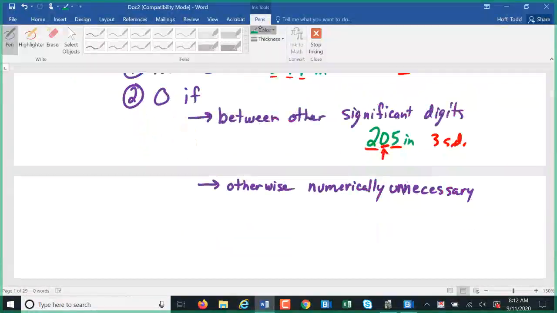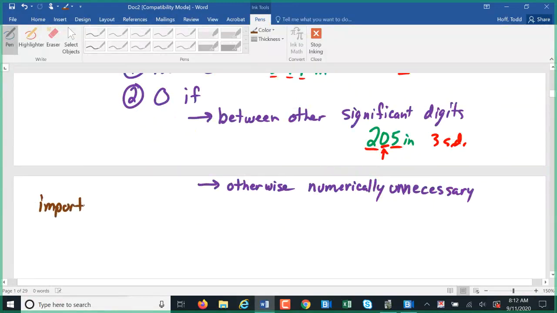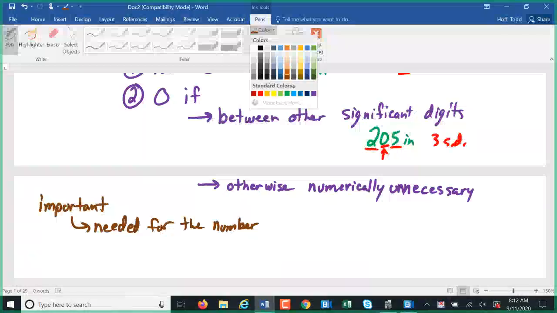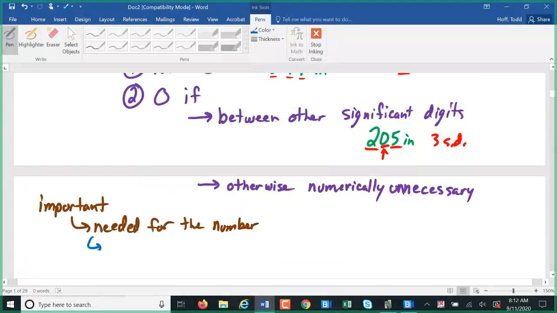Important means it's needed for the number. If that's the case, then it is not significant.